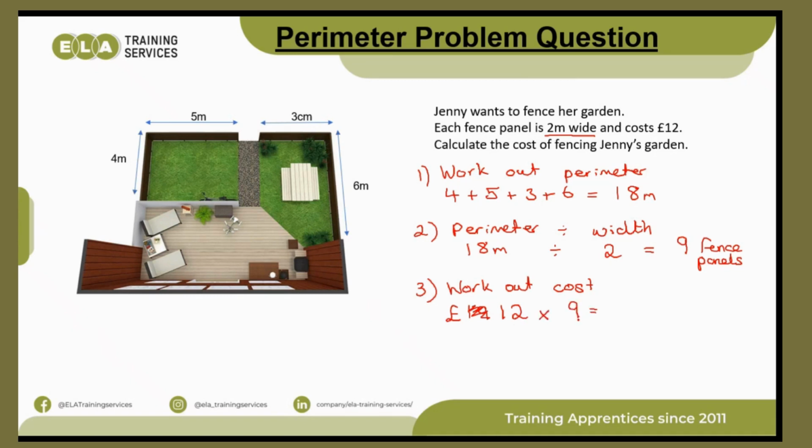If you wanted to break that up, you could do £10 times 9, which is 90, 2 times 9, which is 18, and you are left with £108. And that is our answer in our 3 steps. So we work out the perimeter, we do the perimeter divided by the width, and then we work out the cost. And that is perimeter problem questions.